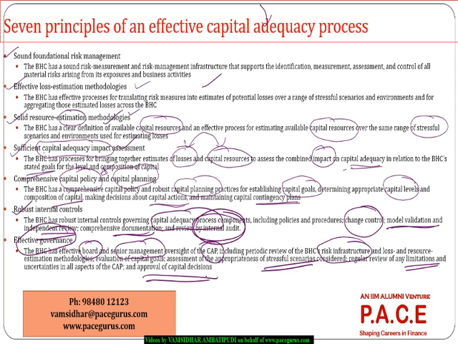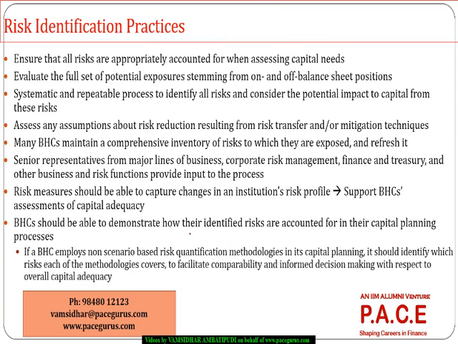And finally, all the capital decisions need to be approved by the board and the senior management. The more they involve themselves, the more they govern the entire process, the more the effectiveness of capital adequacy is ensured within any bank and large holding company.